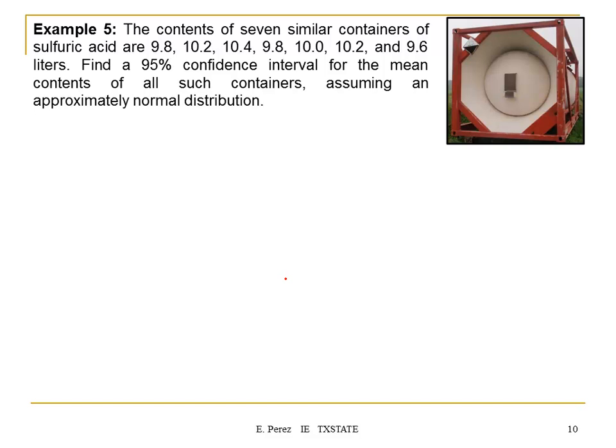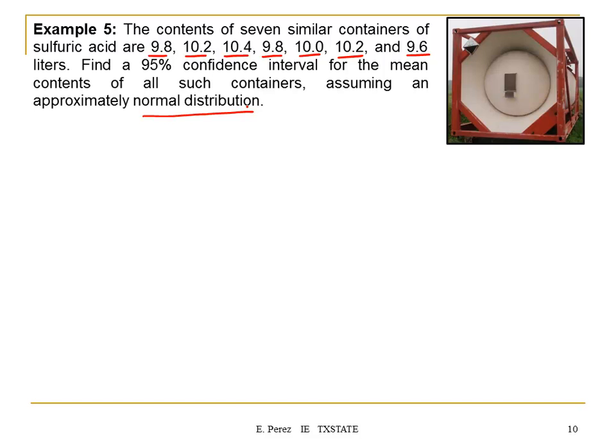So let's look at this problem as an example and see if you can notice the difference. The contents of 7 similar containers of sulfuric acid are 9.8, 10.2, 10.4, 9.8, 10.0, 10.2, and 9.6 liters. Find a 95% confidence interval for the mean contents of all such containers, assuming an approximately normal distribution.